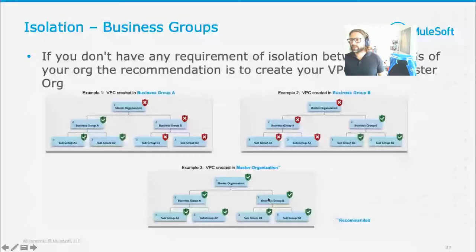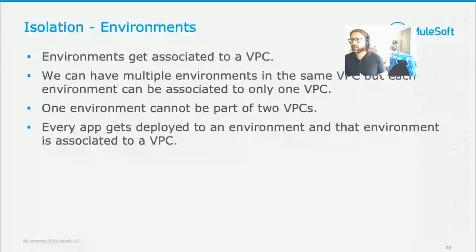All right, let's now talk about environments. An environment is the way we group our applications, the way we group all of these applications in a business group. Every application we publish will be published into an environment, and we can create multiple environments for every business group.